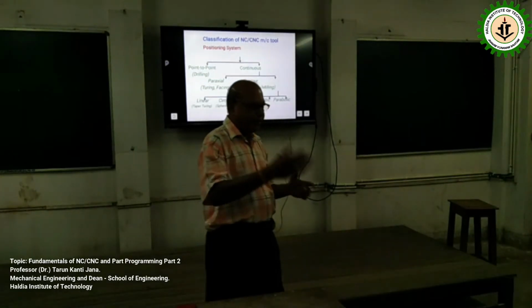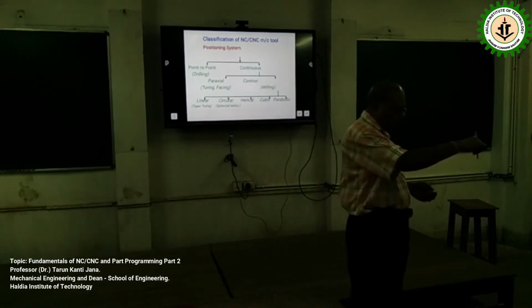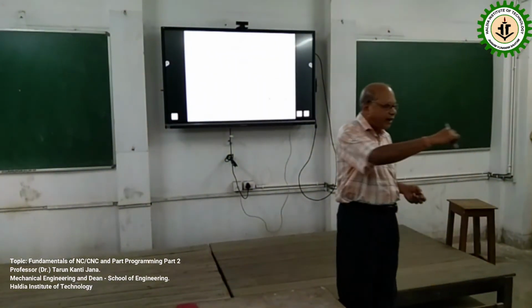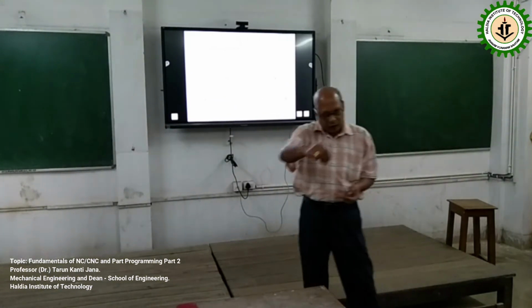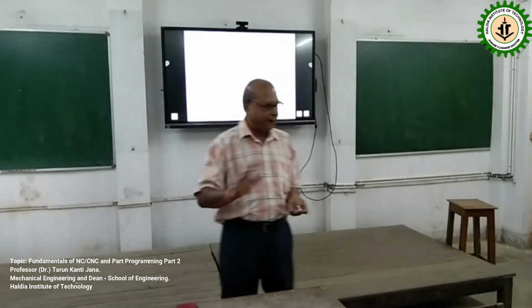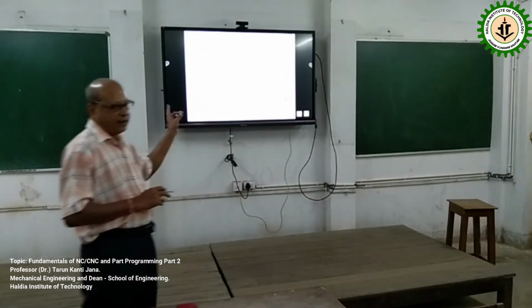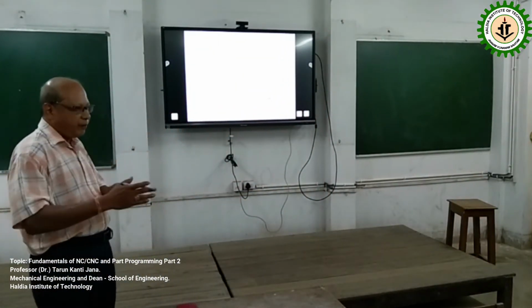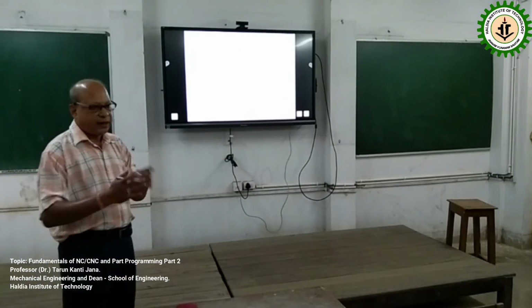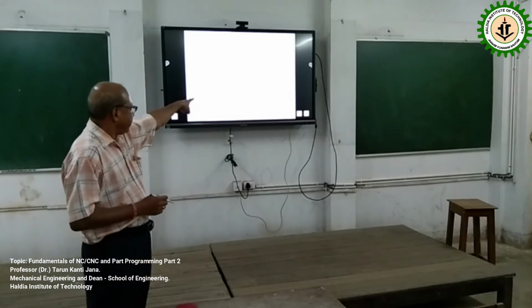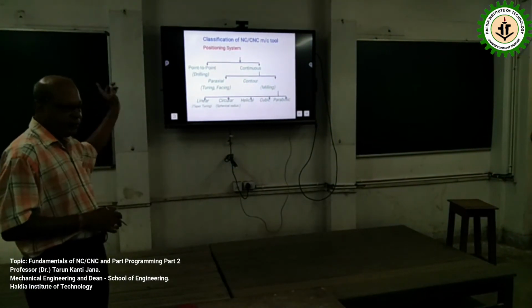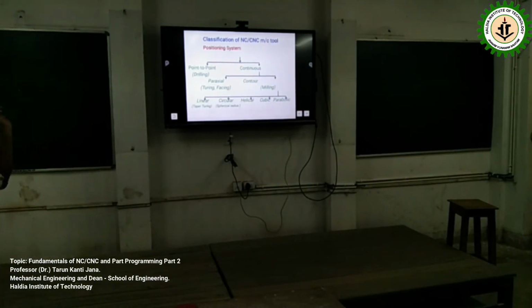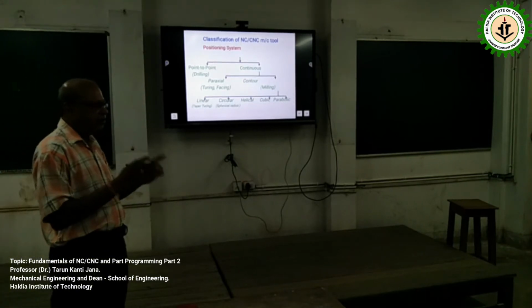In the paraxial, as the name implies, the movement of the tool will always be parallel to one of the axes, either parallel to X or parallel to Y. No combination is there. But a complicated shape requires combined motion. That is contour motion. Milling is a mechanical example.